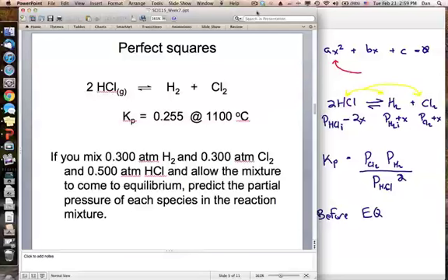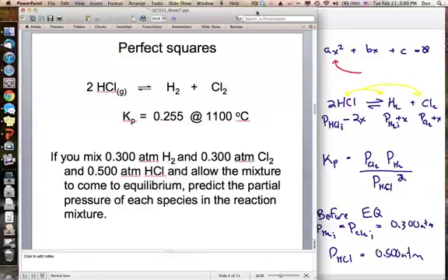Before equilibrium, we know that the initial partial pressure of H2 will equal that of Cl2, which will be equal to 0.300 atmospheres, and that the partial pressure of the HCl will equal 0.500 atmospheres.